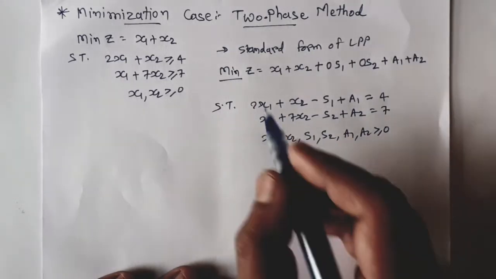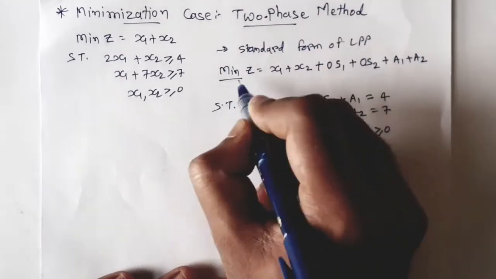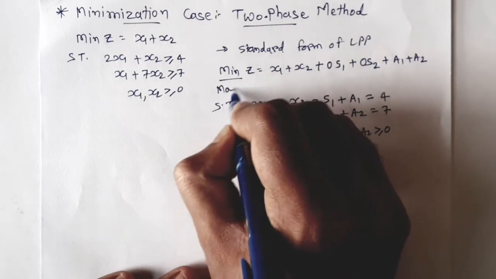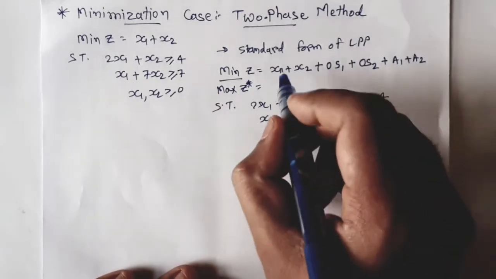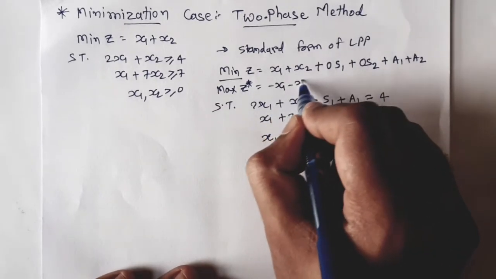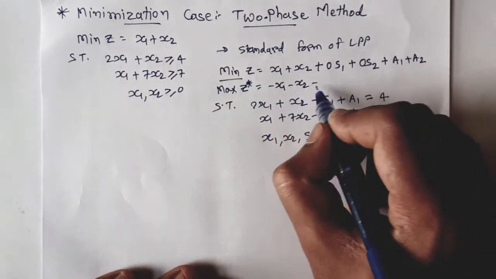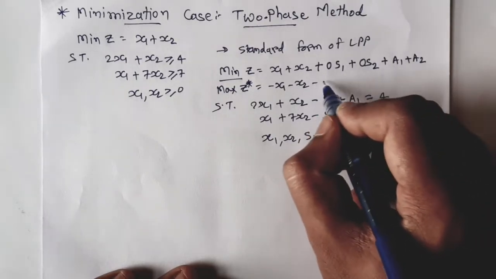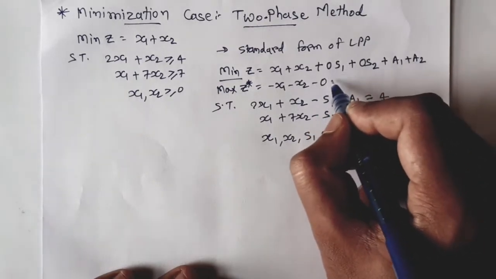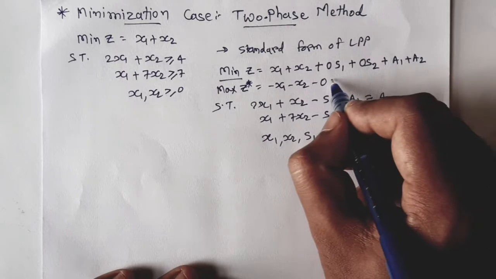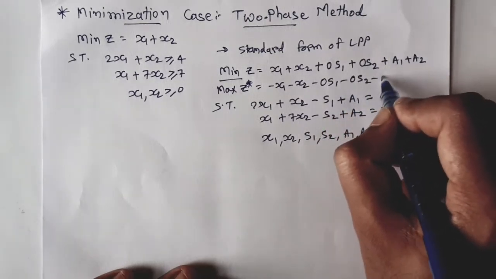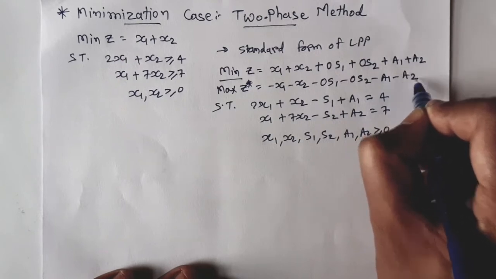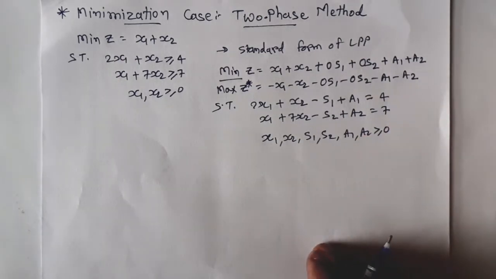So here we will convert this problem into the maximization case. Maximize Z star equal to minus x1 minus x2, and minus or plus doesn't make any difference when added with a 0 coefficient, so it is 0 s1 minus 0 s2 minus a1 minus a2. So this is the complete conversion to standard form.